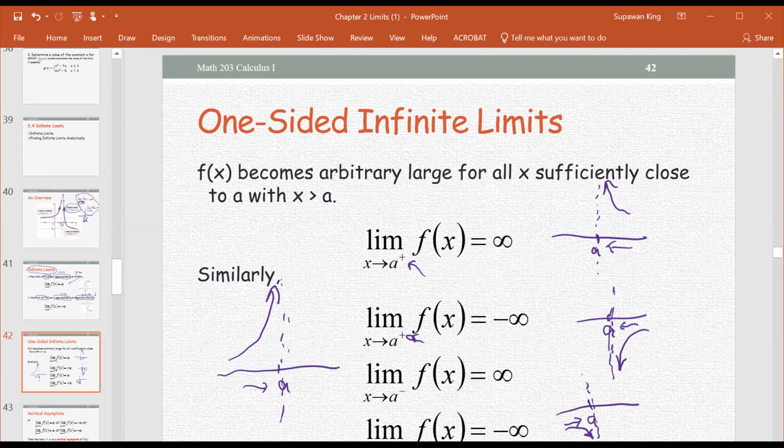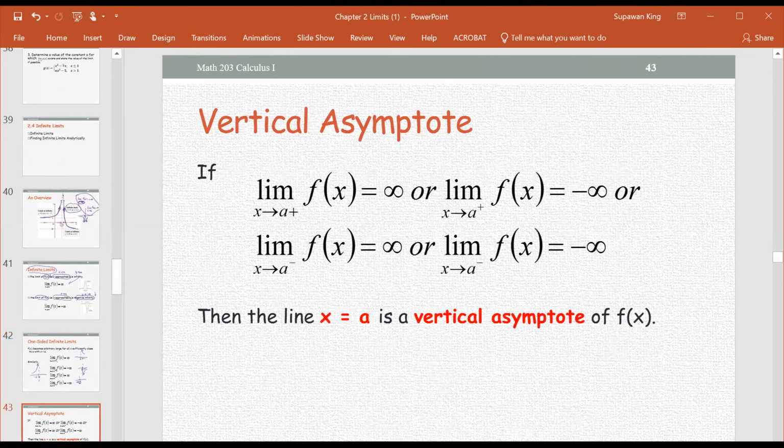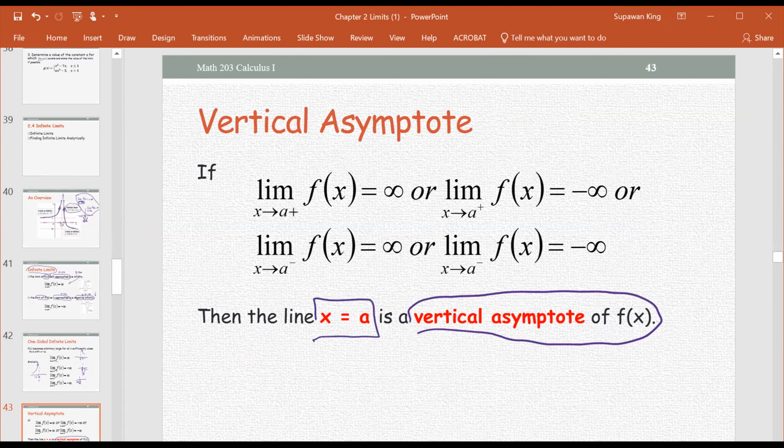For the infinite limits, you're going to get the vertical asymptote of that function in the form of x equals a, because with a as a reference point, the graph is either approaching from the left or from the right, all the way down or all the way up. Okay, one way or the other. Therefore, the infinite limit will tell you that a will give you the vertical asymptote.